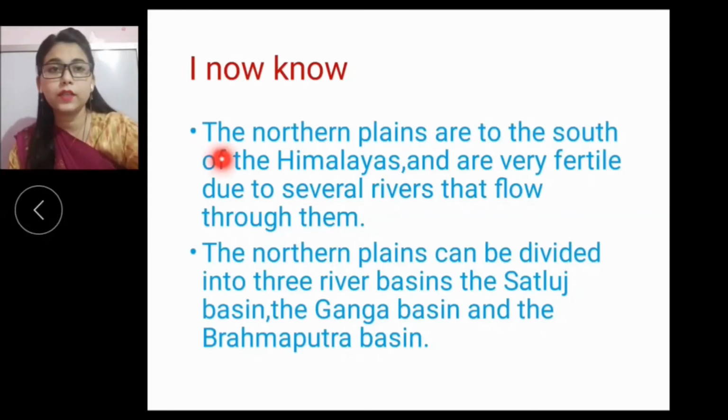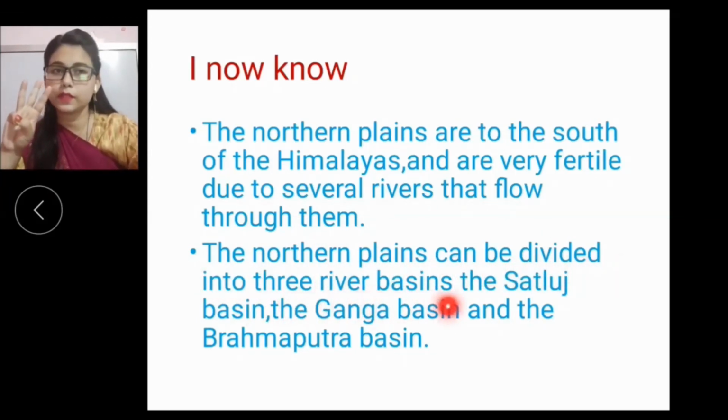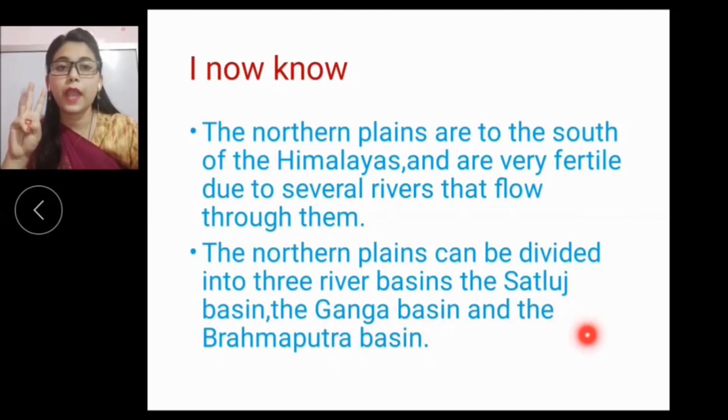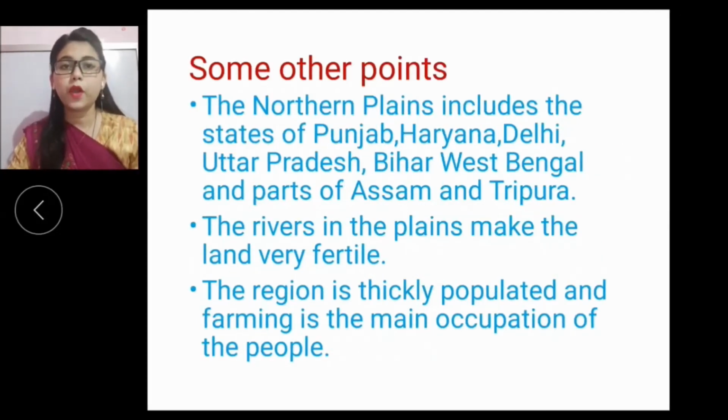Let's read it. The northern plains are to the south of the Himalayas and are very fertile due to several rivers that flow through them. The northern plains can be divided into 3 river basins: the Satluj Basin, the Ganga Basin and the Brahmaputra Basin. Now next point.